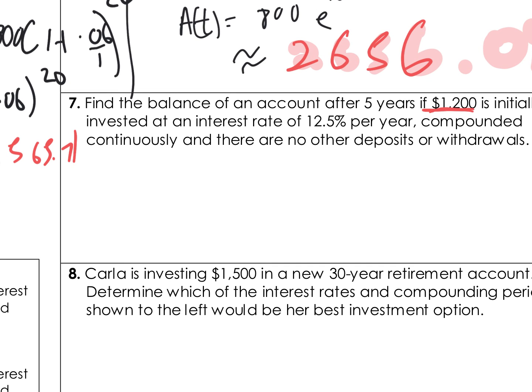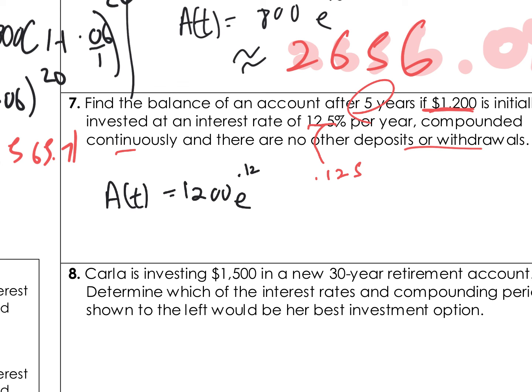All right, find the balance of an account after 5 years if you are investing $1,200 initially. Interest rate is 12.5%. I've got to remind you, that means 0.125. We're compounding continuously, and there's no other deposits. We're going for 5 years. So the amount of money in the future should be that big amount of money, 1,200, e raised to the 0.125, and the number of years is how many? 5.